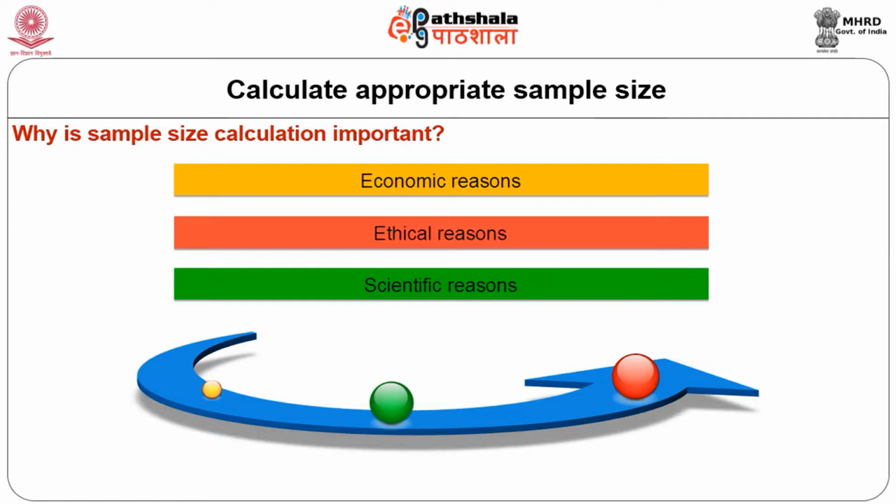Ethical reasons: if you take a smaller sample size than what is required, and you are taking animals and sacrificing them and get results, then it would not prove your hypothesis, and you are doing something ethically wrong. Scientific reasons: as sound scientific formulas are available to calculate the sample size, you should use those formulas and calculate the appropriate sample size.